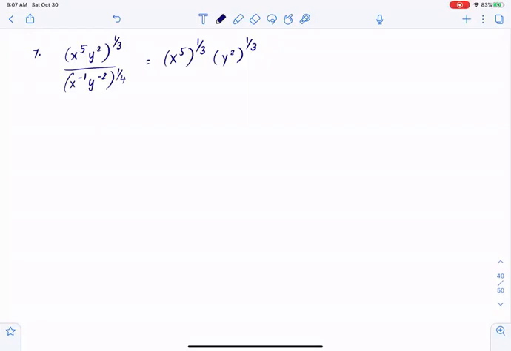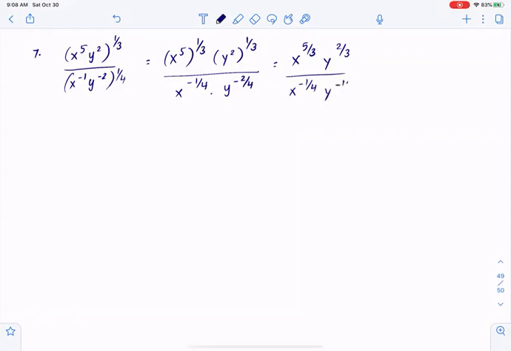So I split the numerator and I'm going to split the denominator also. So numerator would simply become x raised to 5 over 3, y raised to 2 over 3, divided by x raised to negative 1 over 4. Y raised to negative 2 over 4 is simply negative half.